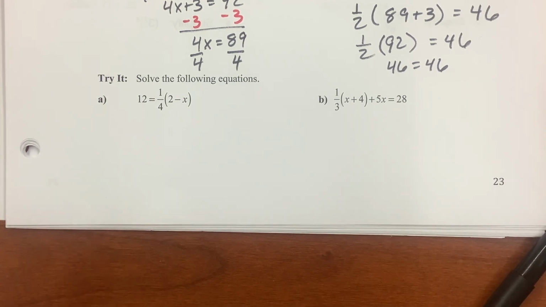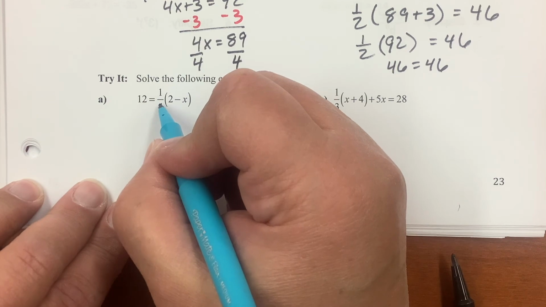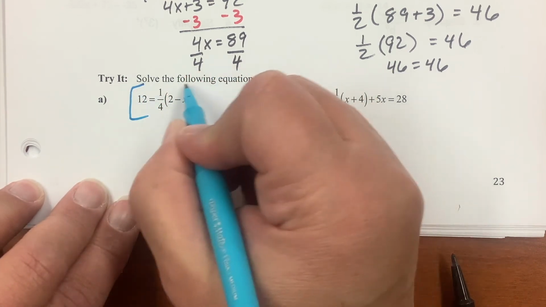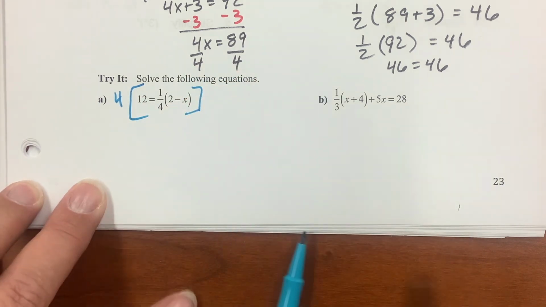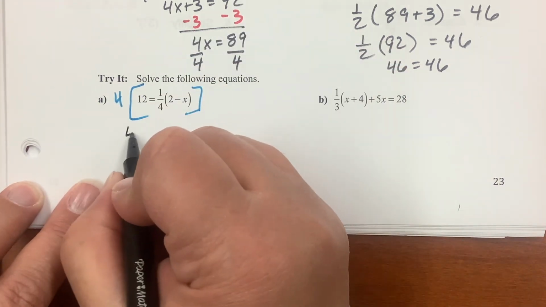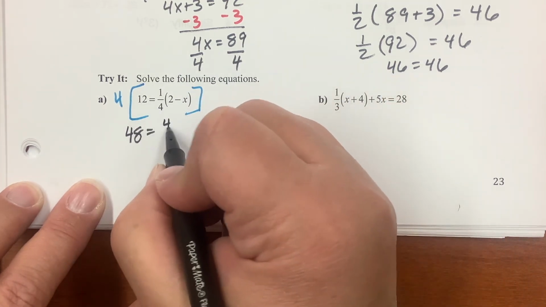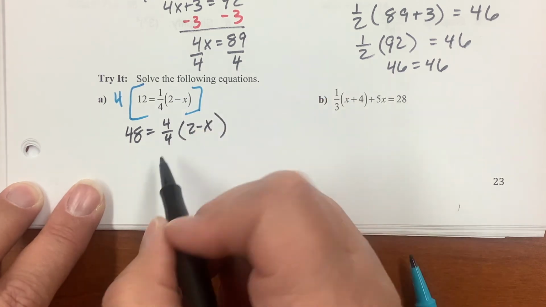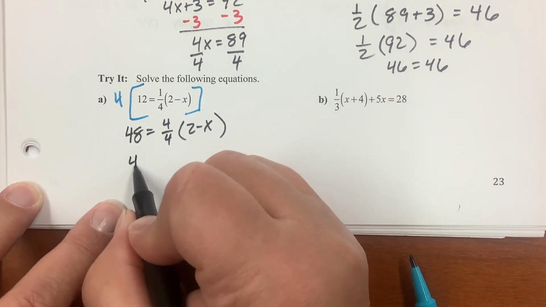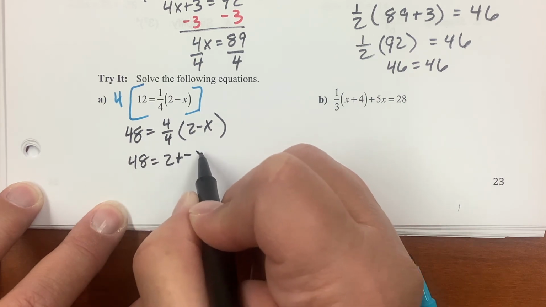Oh, wait, you know what? Pause the video, do the problems. I'll go over them now. To get rid of this 4, I'm going to multiply everything times 4. 4 times 12, 48. 4 over 4 times 2 minus x. 4 over 4 is 1, so 48 equals 2 plus negative x.